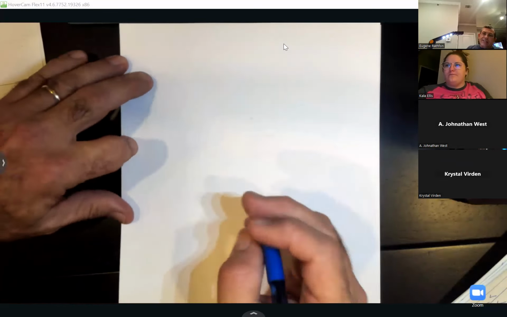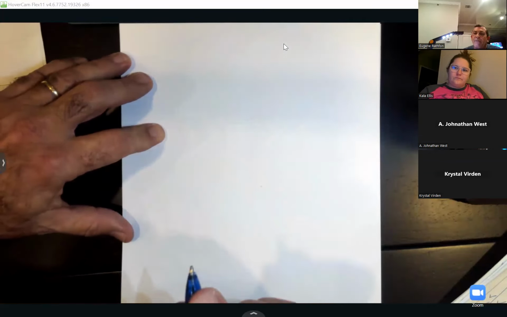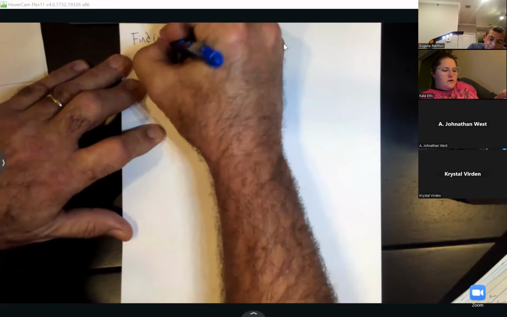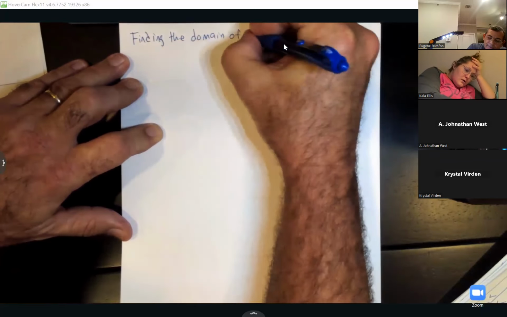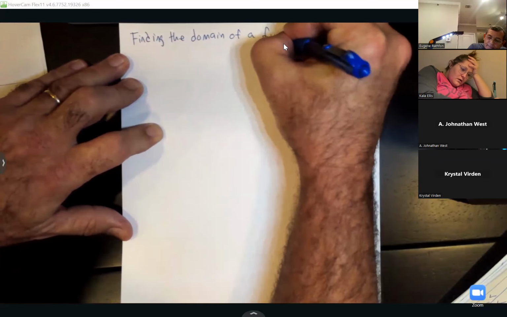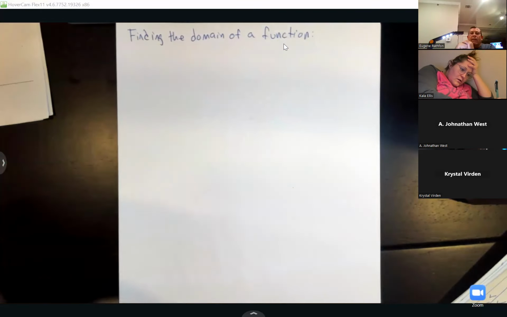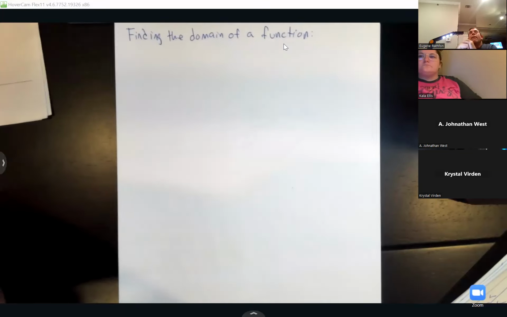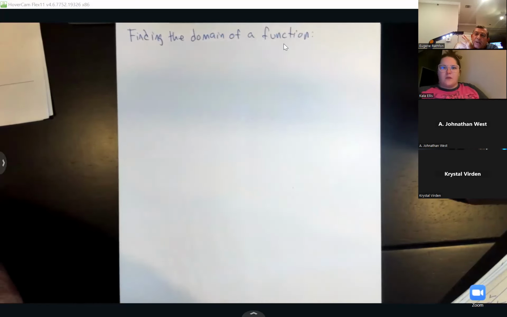All right, y'all, so that leads us into the next thing on domains. We're going to find the domain of a function. Okay, so before I give you the steps, let me tell you there's only a couple things I'm worried about when I'm looking at a domain.